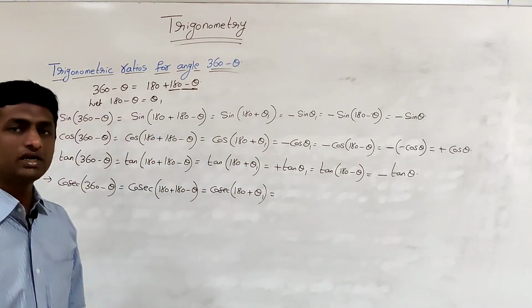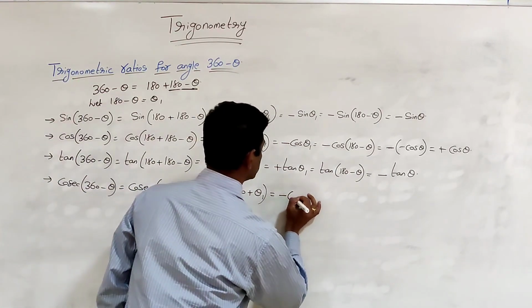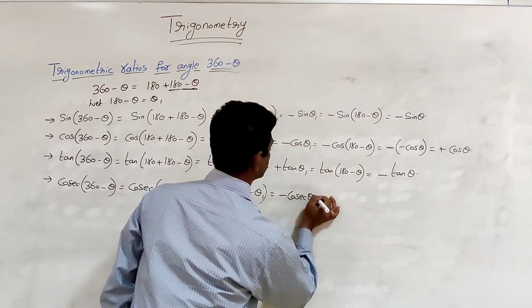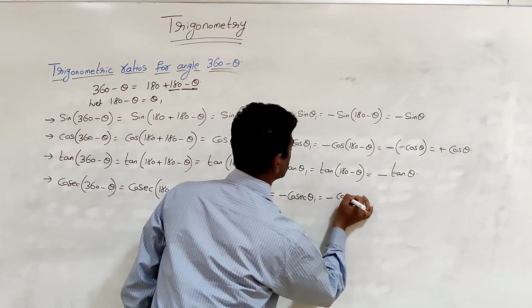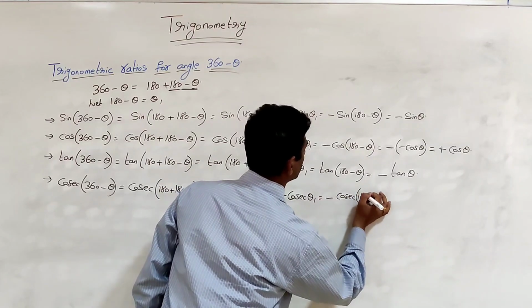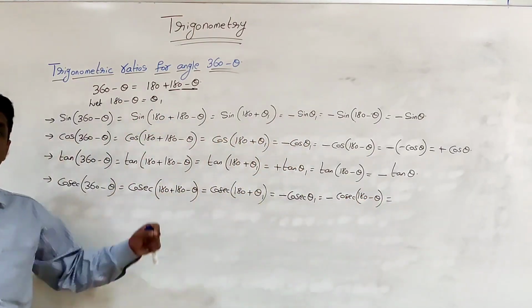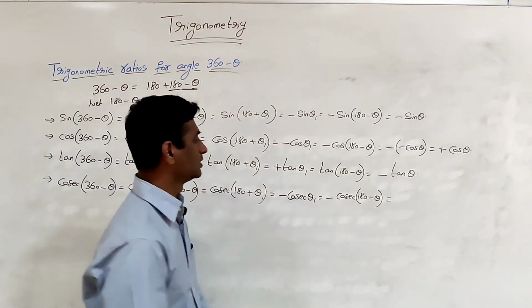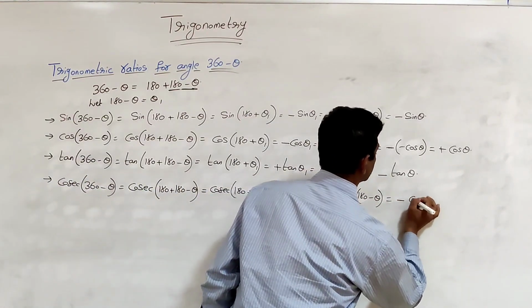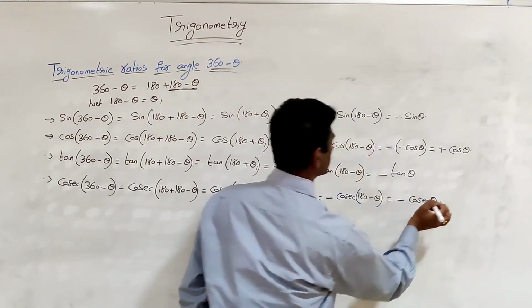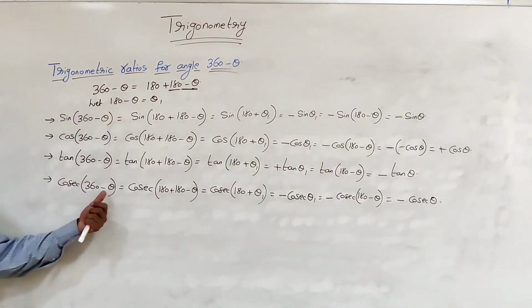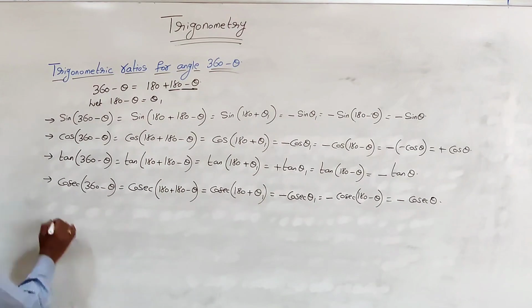Cosecant of 180 plus theta 1 will be minus cosecant theta 1. So minus cosecant of 180 minus theta. Cosecant of 180 minus theta gives plus cosecant theta, but there is a minus, so minus cosecant theta. So cosecant of 360 minus theta gives minus cosecant theta.